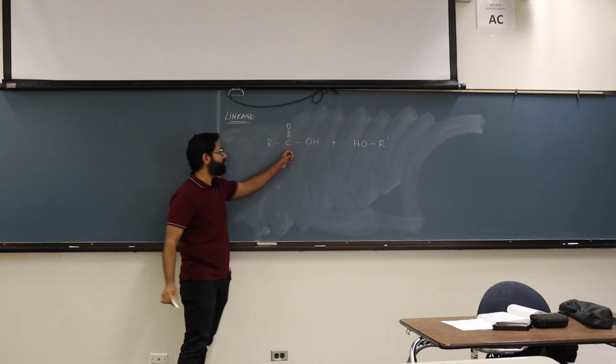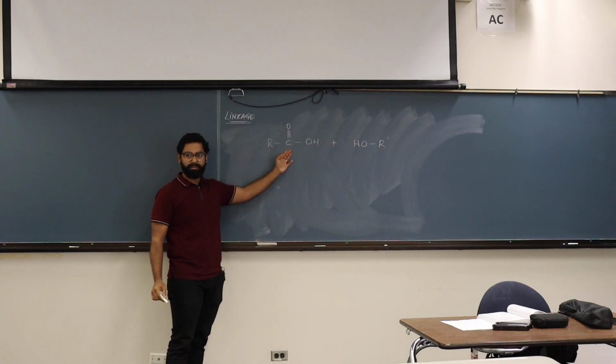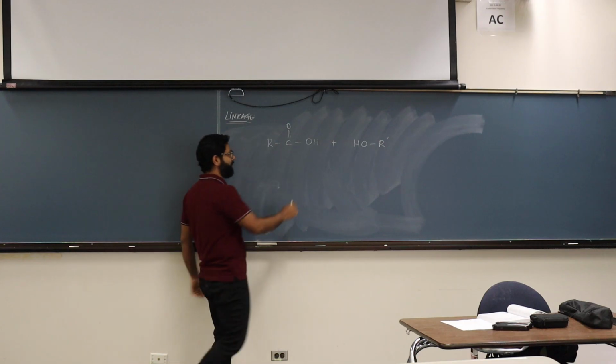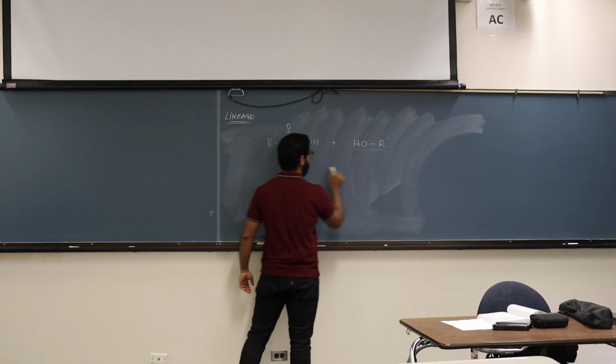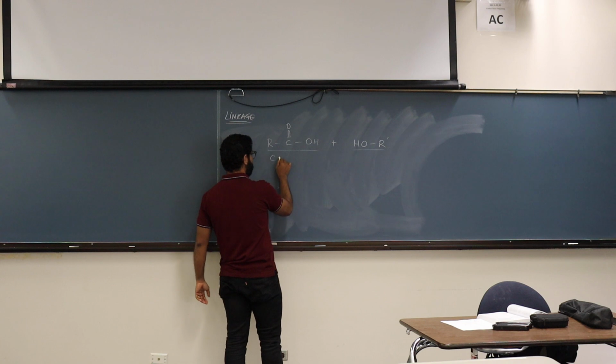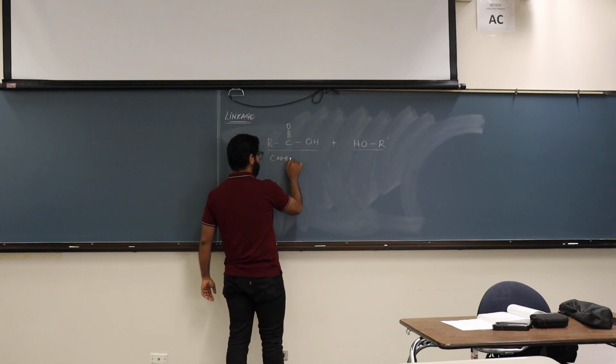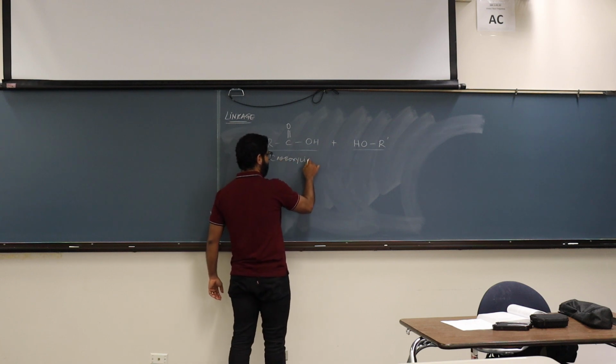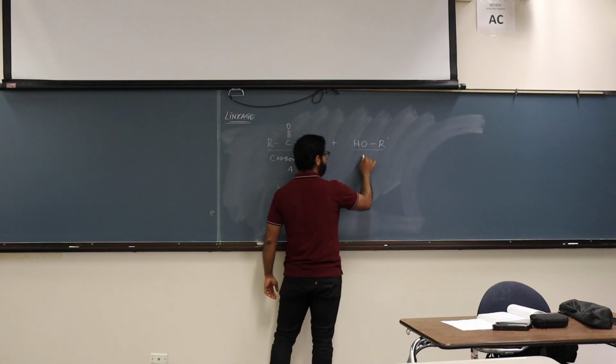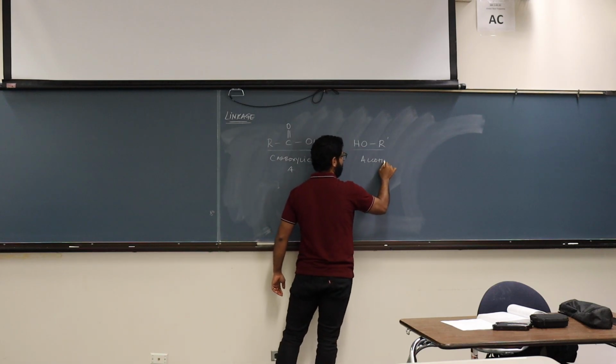What is this functional group? This is a carboxylic acid, and what is this? Alcohol. So this is a carboxylic acid, this is an alcohol.